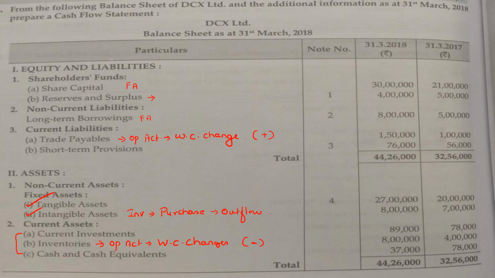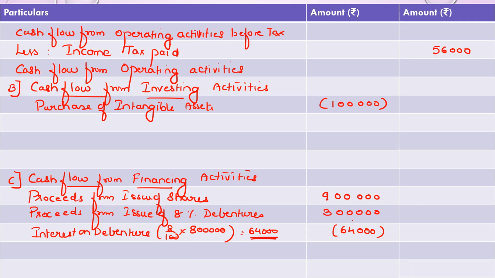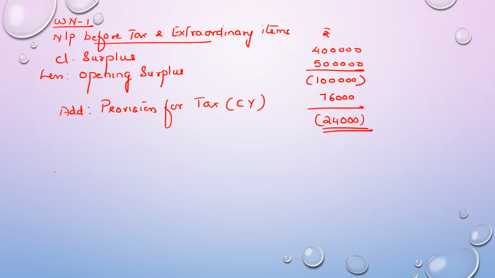Now we have current investment and cash and cash equivalent, which should be taken as a part, added together. So we will go and prepare a note for that here. We'll find out the cash and cash equivalent figure. You can prepare a note like this, the working note number 2.